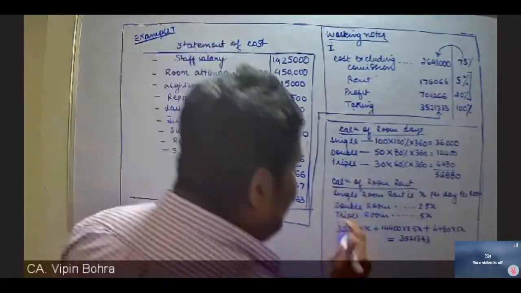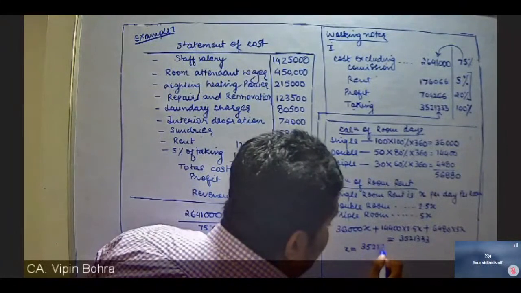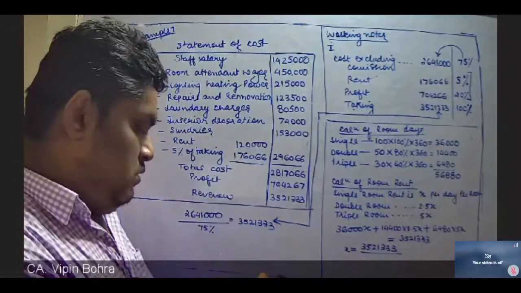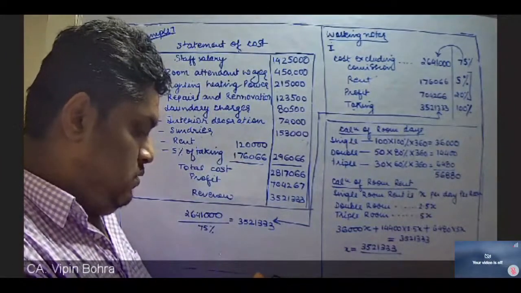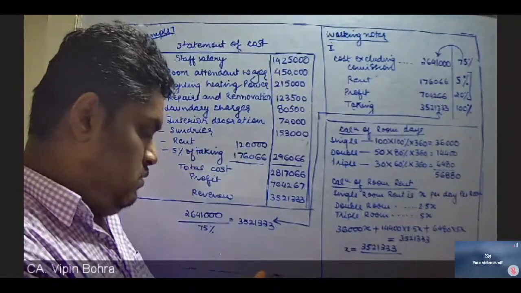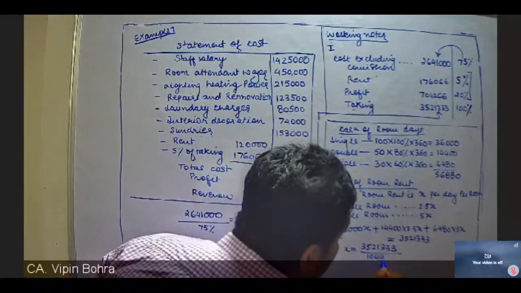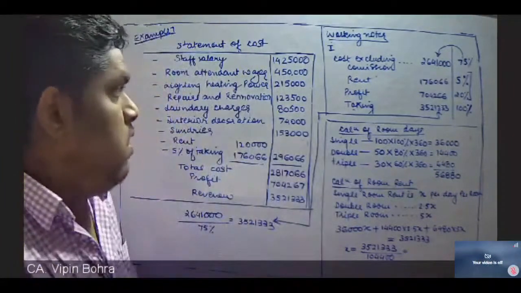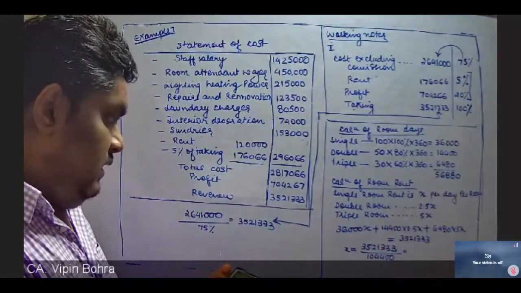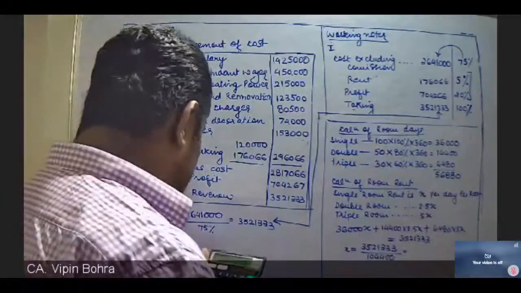So what will be the value of X? 35,21,333 whole divided by 1,04,400. So 35,21,333 divided by 1,04,400 is 33.73.